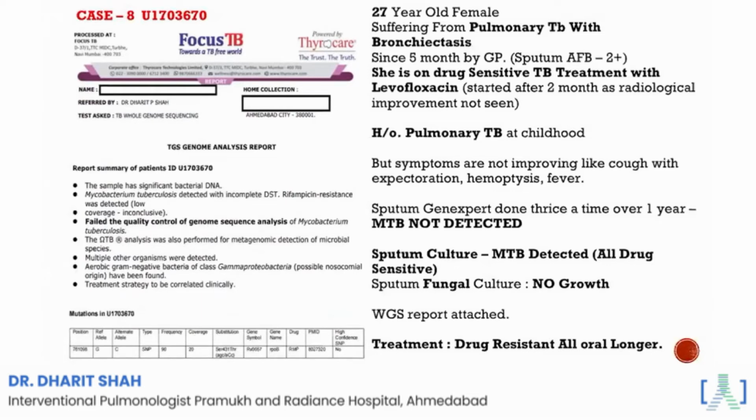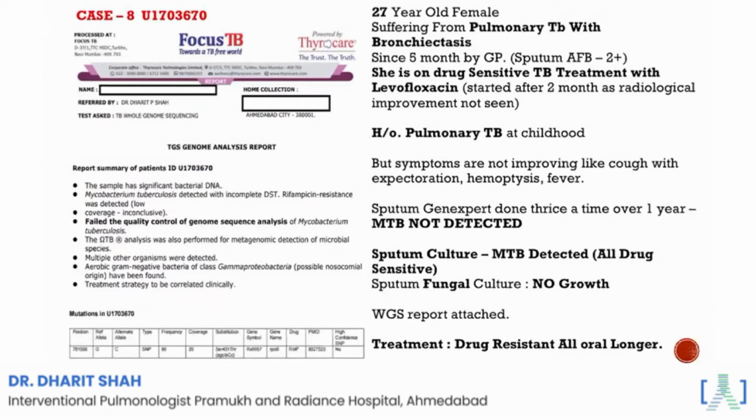The second line says Mycobacterium TB resistance is detected with incomplete DST, because rifampicin resistance was detected low. You also know that in GeneXpert reports, a few have the same mention: Mycobacterium TB low detection and rifampicin indeterminate.